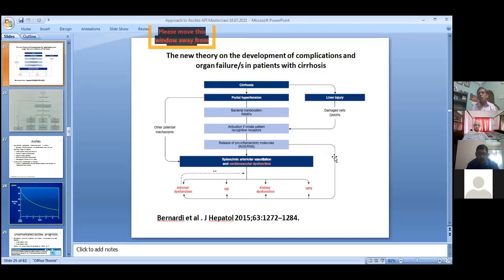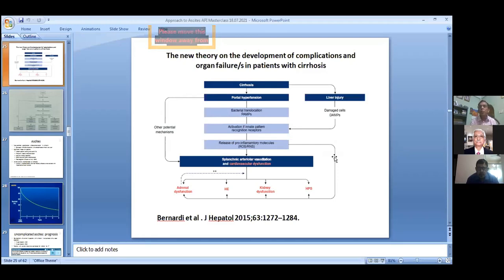For this process of splanchnic arteriolar vasodilation, the present theory is that there is activation of both the pathogen associated molecular patterns and the damage associated molecular patterns. So there is activation of the pattern recognition receptors, with release of different pro-inflammatory mediators, and so there is splanchnic arteriolar vasodilation.